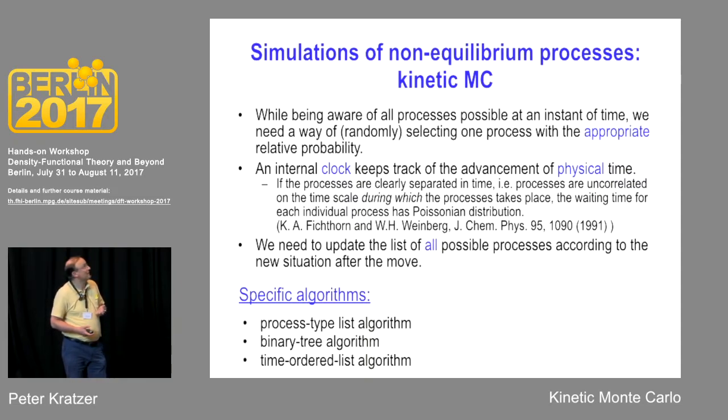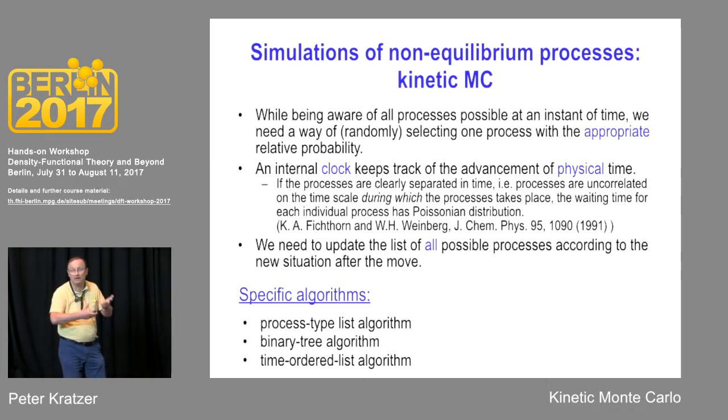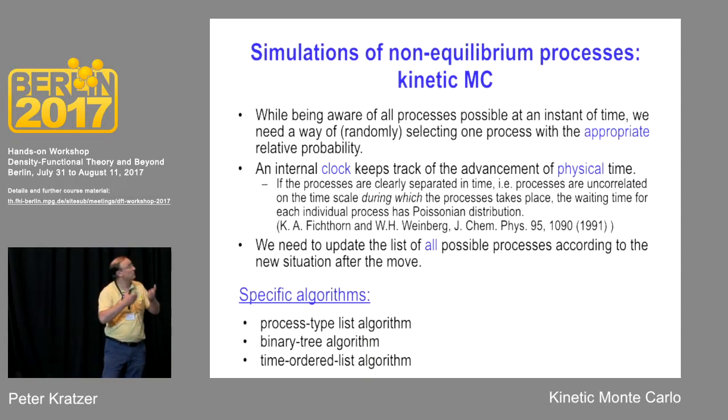Now in kinetic Monte Carlo, we want to have time, we need time, and of course we need to make sure that each process is executed with the appropriate relative probability to all other processes. If we have these two requirements, correct relative probabilities and correct timing, then our simulation can be realistic. Then we can compare it to an experiment performed in real time.